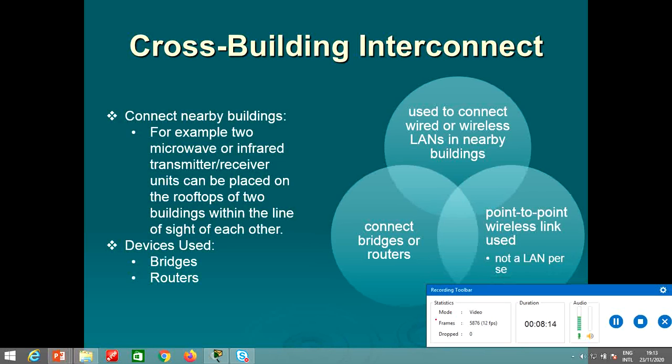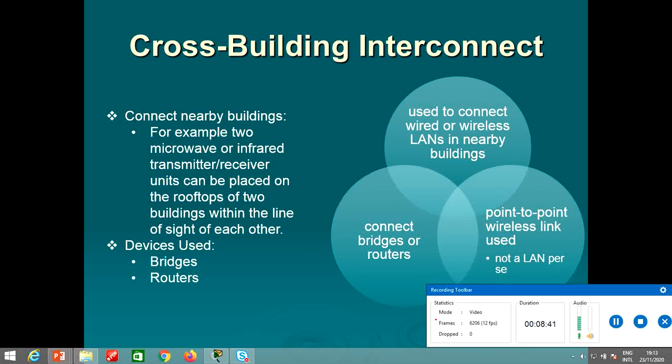Alright, so in this case, a point-to-point wireless link is used between two buildings. For example, two microwave or infrared transmitter-receiver units can be placed on the rooftops of two buildings within line of sight of each other, and the devices so connected are typically bridges or routers.